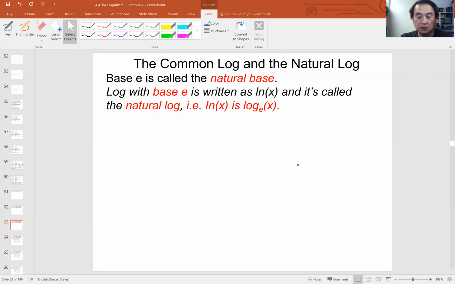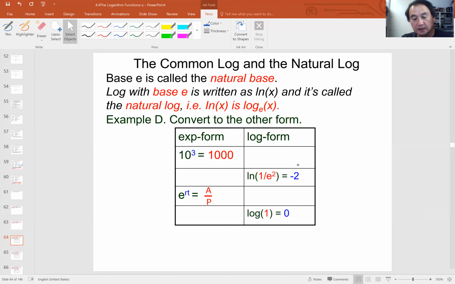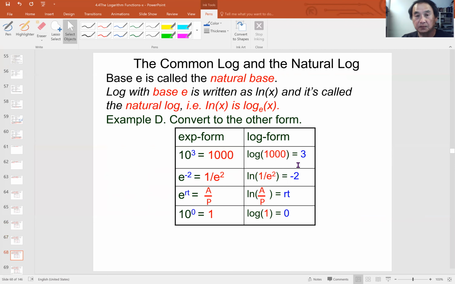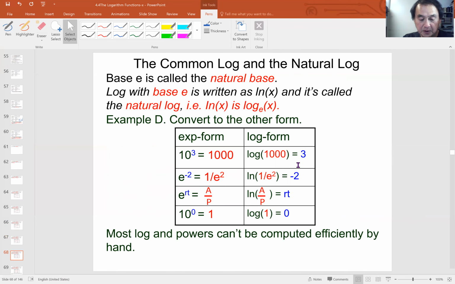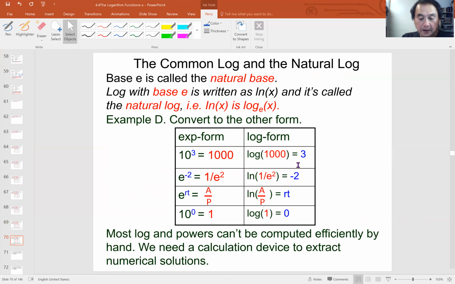We have these two bases, and here is an exercise converting back and forth using log or Ln. In log form it is log, and in exponential form that must be e, base e raised to the second power, and minus second power is 1 over e. So these are the conversions. I'll let you ponder over it.